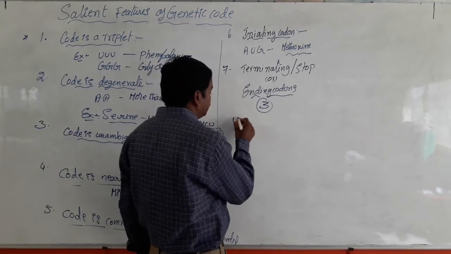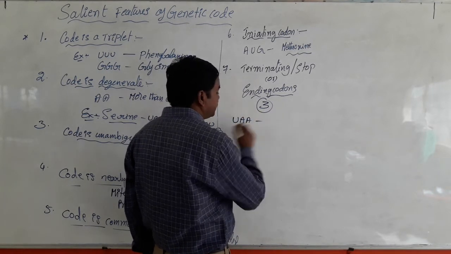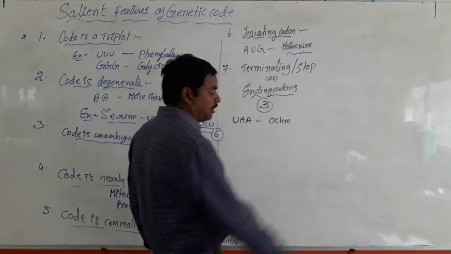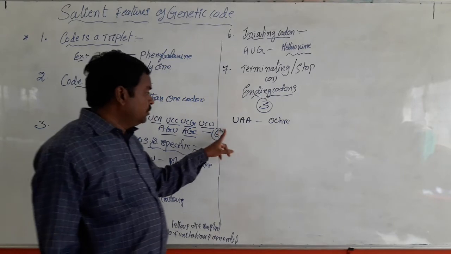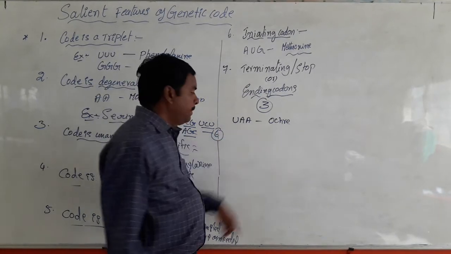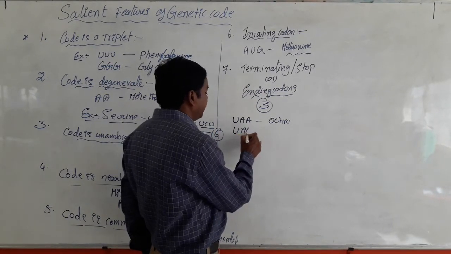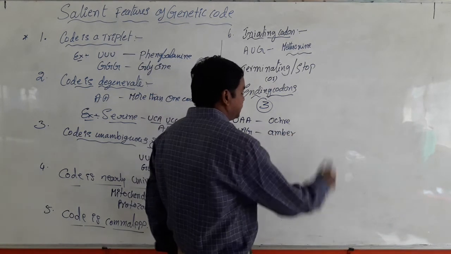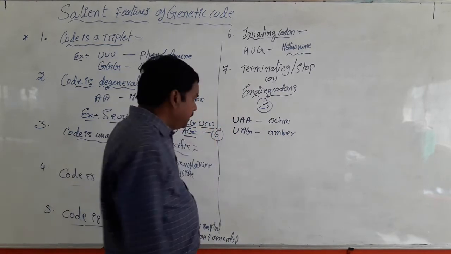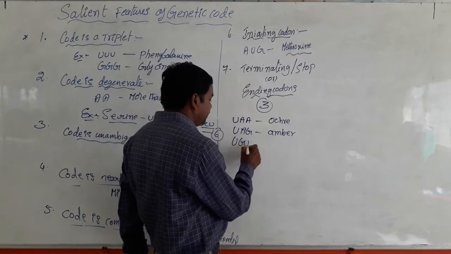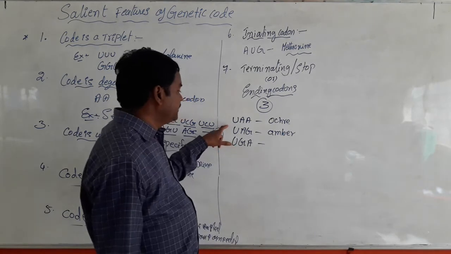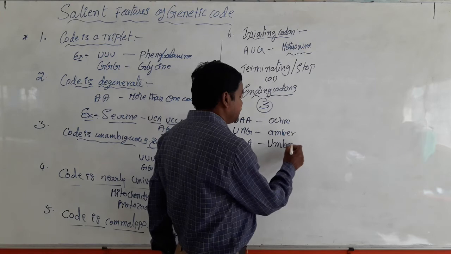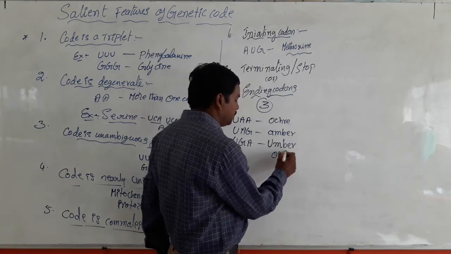One is UAA. This is also called Ochre. Second one, UAG. This is called Amber. And the other one, UGA, is also called Opal.